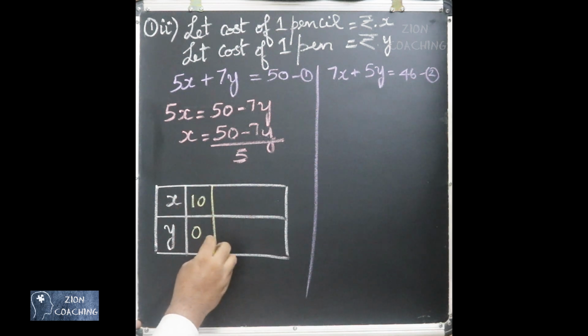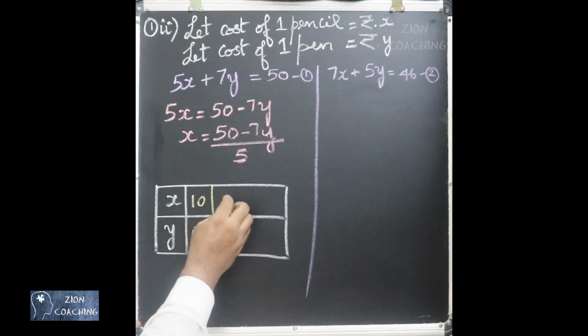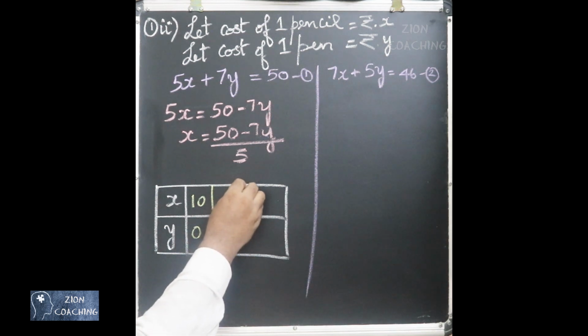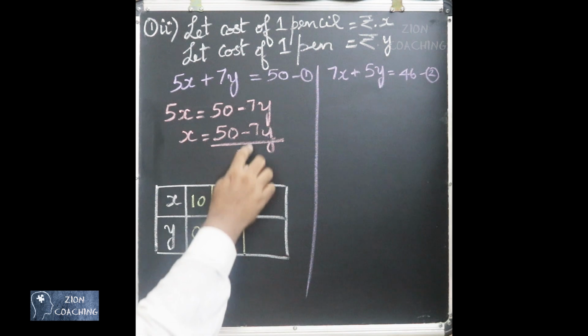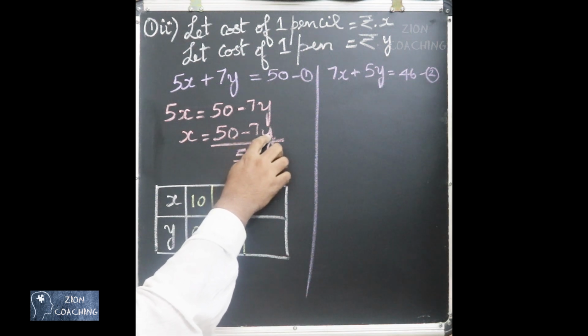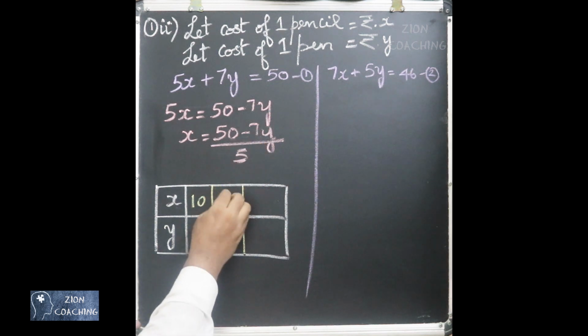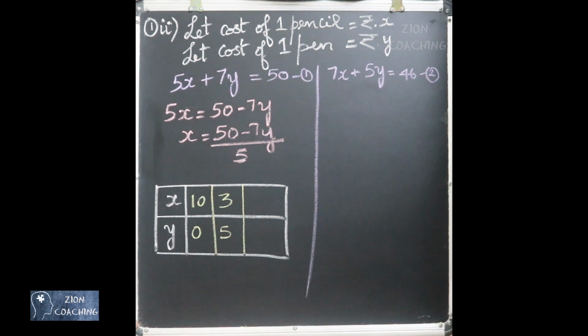Now that number is divisible by 5. So we will give Y value to be 5. When you give Y value 5, 50 minus 7 into 5 is 35. So 50 minus 35 is 15. 15 divided by 5 is 3. So you got your X value to be 3.